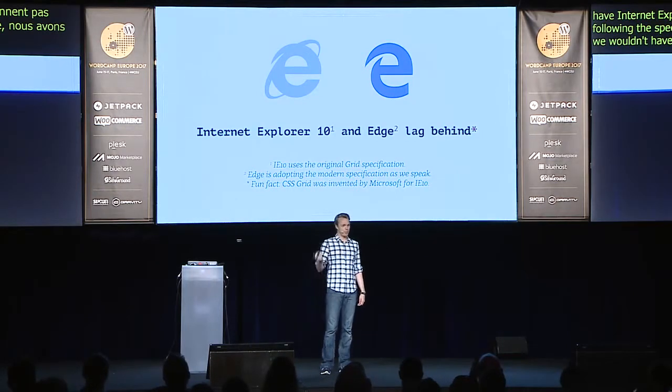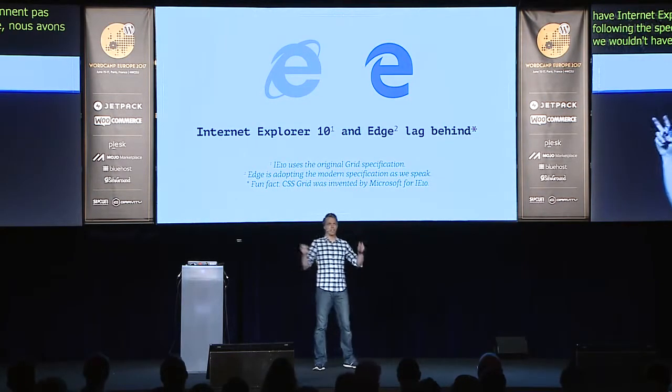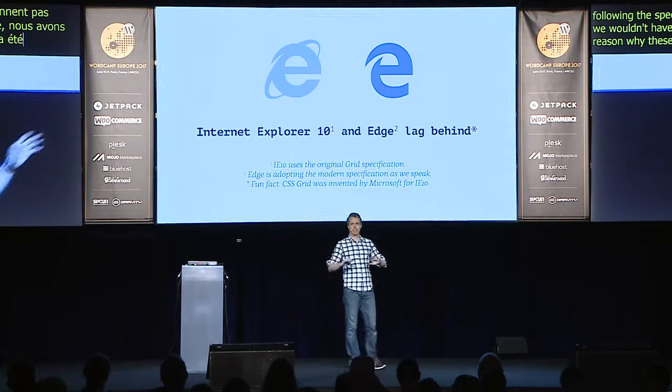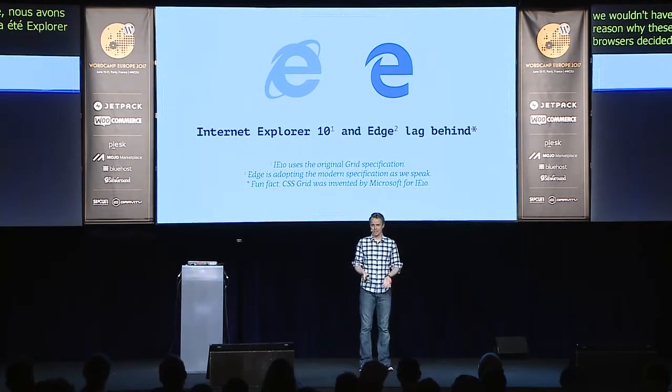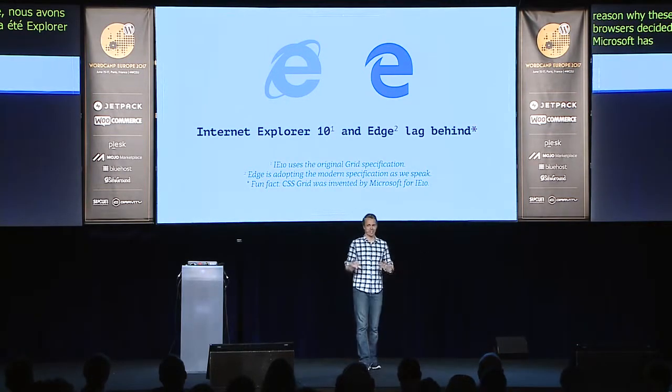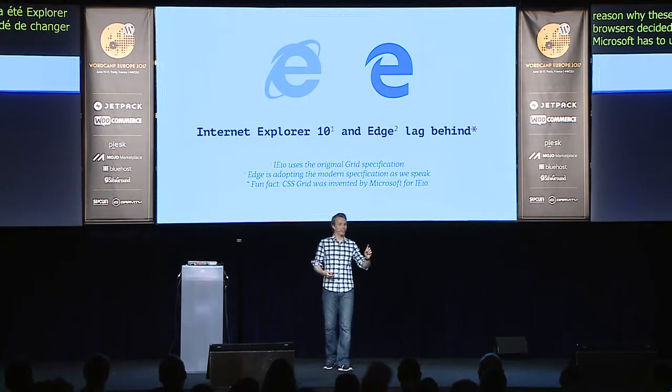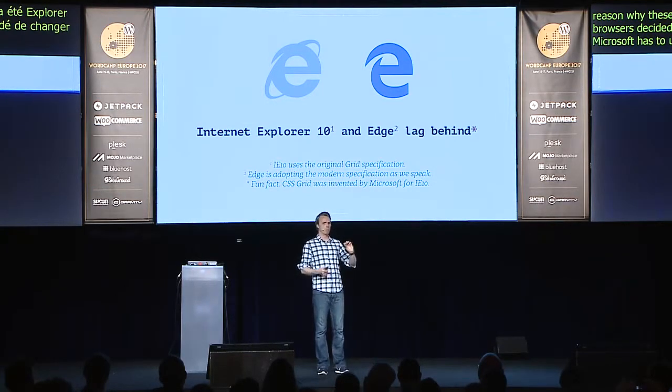And the reason why these two browsers are lagging behind is because the other browsers decided to change the spec. But the spec is built into Windows. So Microsoft has to update all of their operating systems to get this to catch on. However, Edge is probably a couple of weeks away from getting full grid support. And I'll show you how to create proper backwards compatibility for all other browsers.